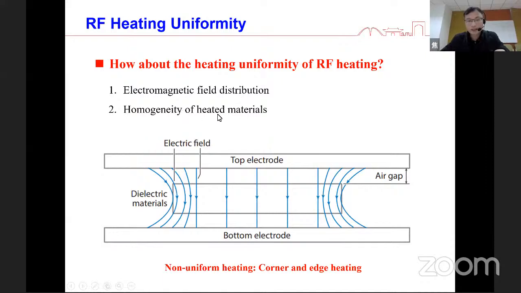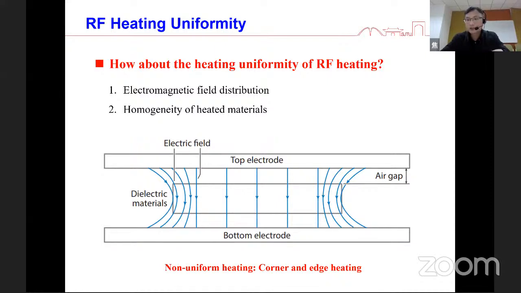And from the other side, most of the food materials are not totally homogeneous. So it means the property of the food is not totally uniform. This would also cause non-uniform heating, right? So those two main factors would result in non-uniform heating for RF heating.